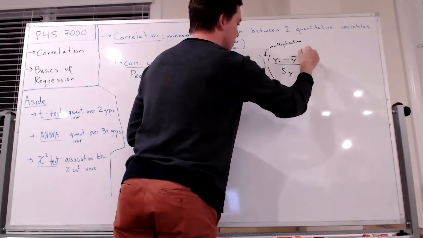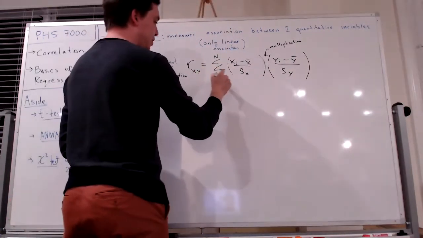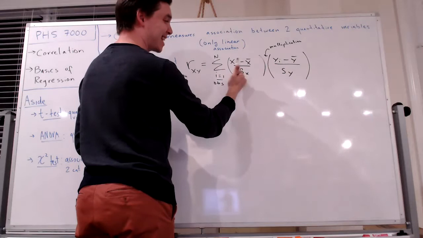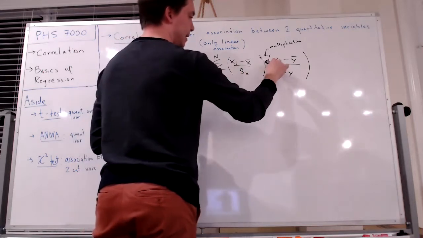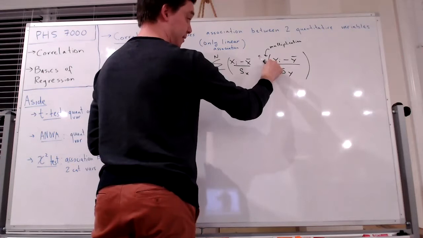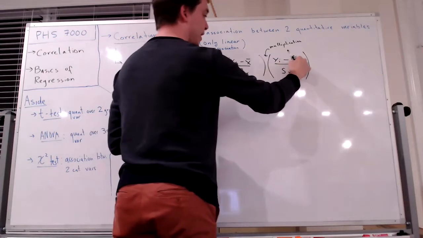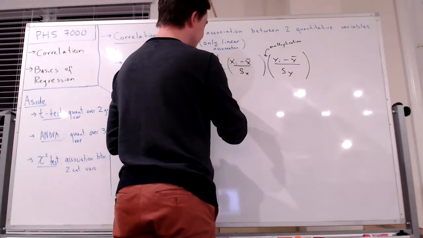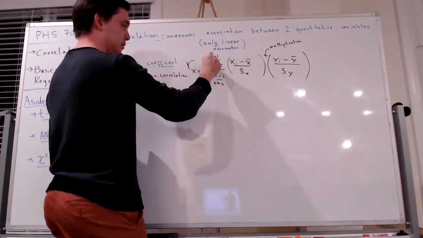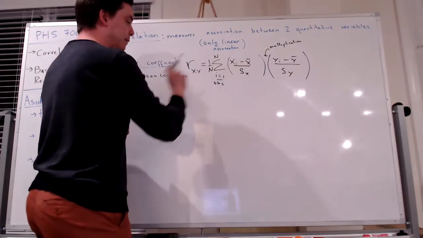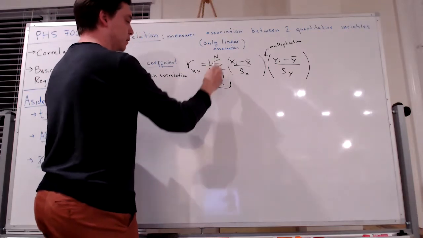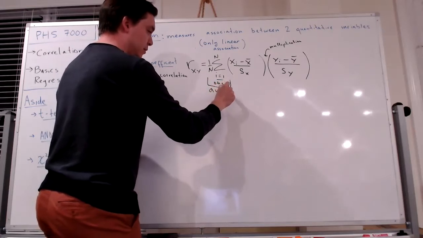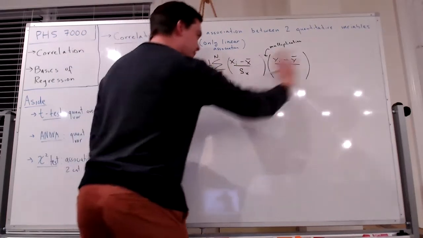So intuitively, we take each observation, we compare it versus the average, and then scale it by the standard deviation. We take the other variable's ith value, we compare it to the average, and we scale it by the standard deviation. You should recognize that this summation over n times 1 over n is an average. All right, so we're going to be taking and averaging something.